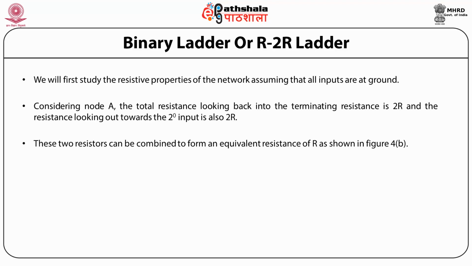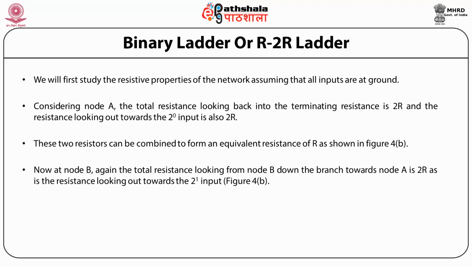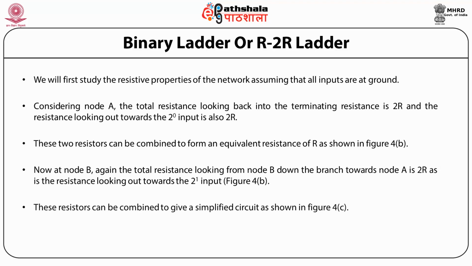These two resistors can be combined to form an equivalent resistor of R, which is shown in figure B. Now, at node B, again, the total resistance looking from node B down the branch towards node A is 2R, as is the resistance looking out towards the 2 raised to power 1 input, which is shown in figure B. Now, these two resistors can be combined to give a simplified circuit, which is shown in the figure C.